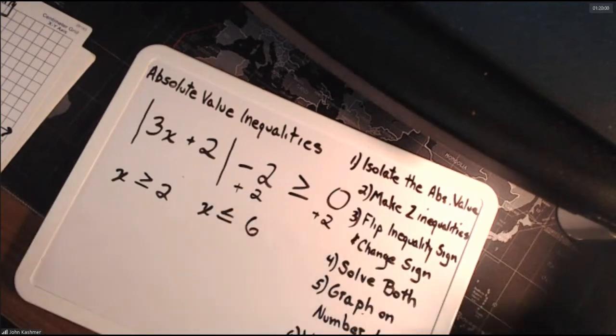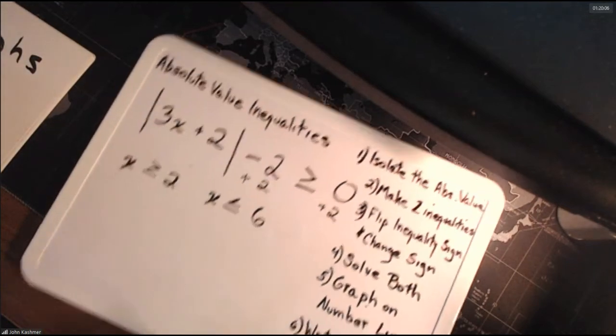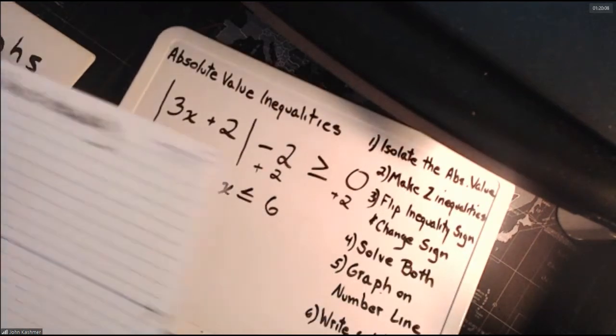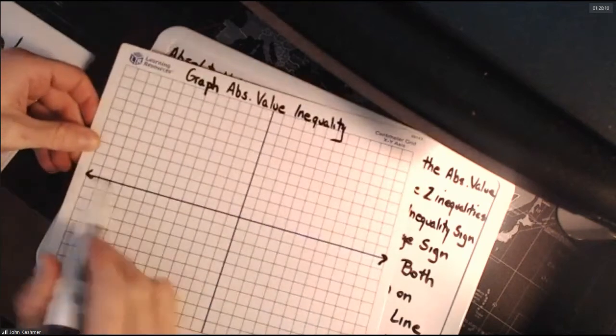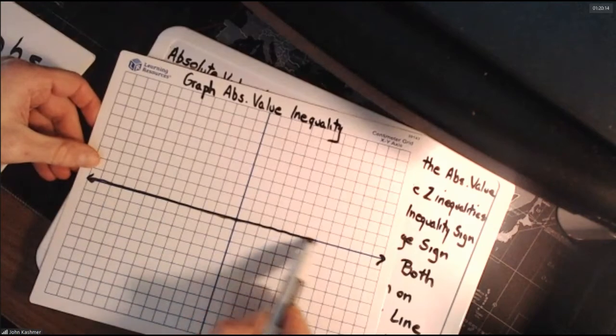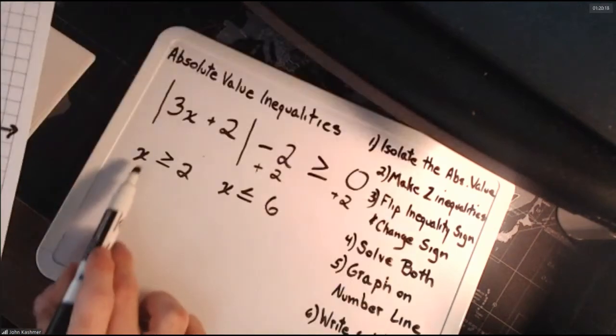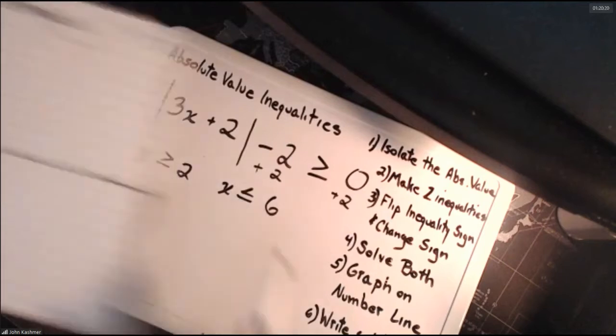Now sometimes you'll be required to graph them. Sometimes you won't, but I suggest always graphing them, at least in your mind. So on a number line, and you only need the actual x number line. You don't really need the y. So we have 2 and we have 6.